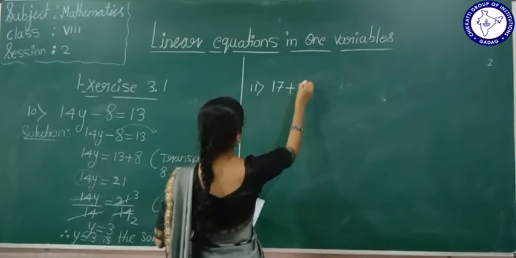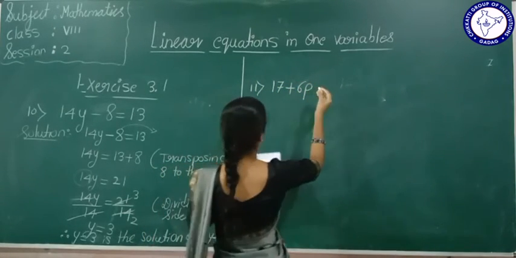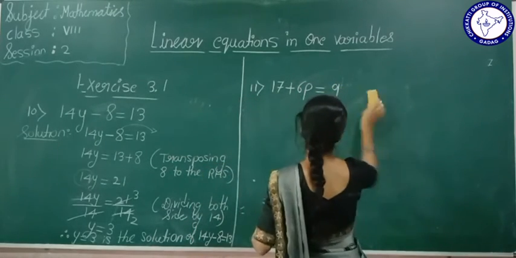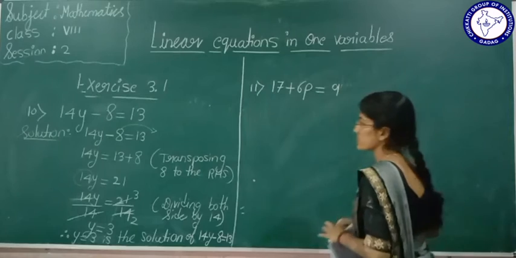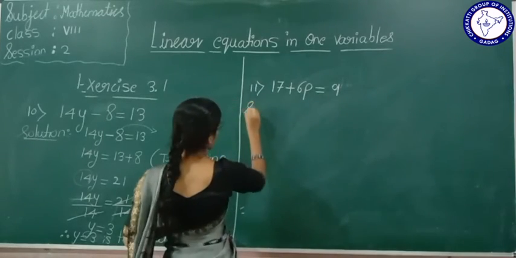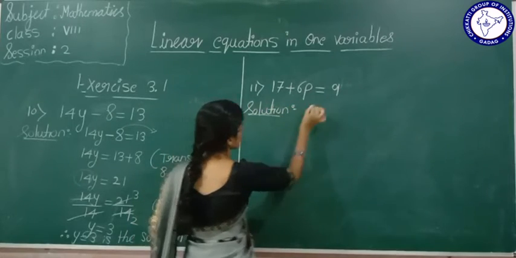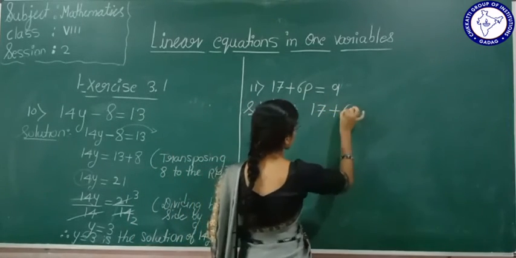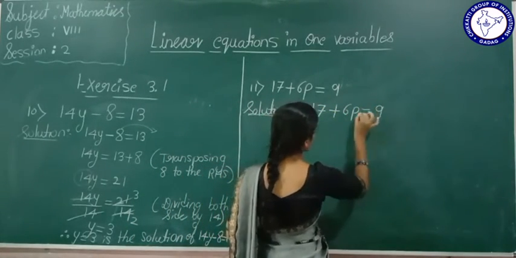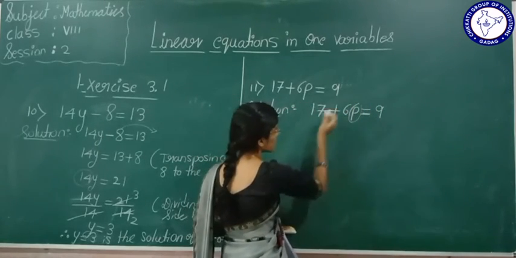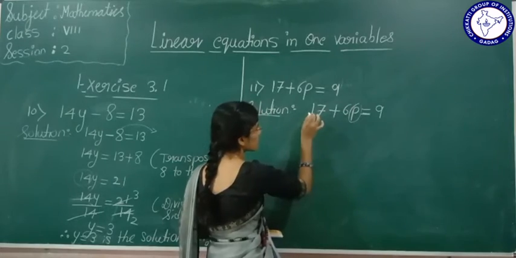17 plus 6p is equal to 9. Now see students, in the solution, we will write the given thing. 17 plus 6p is equal to 9. See here, we want the value of p. First we will remove 17 from here.